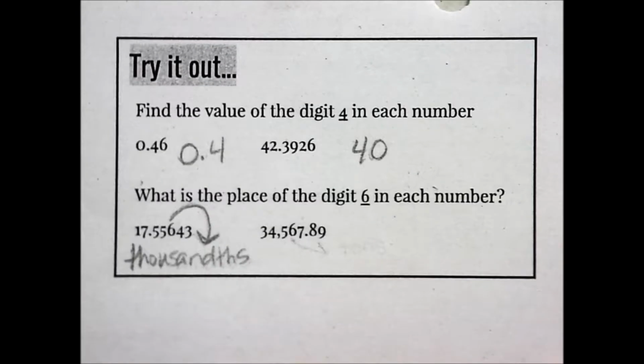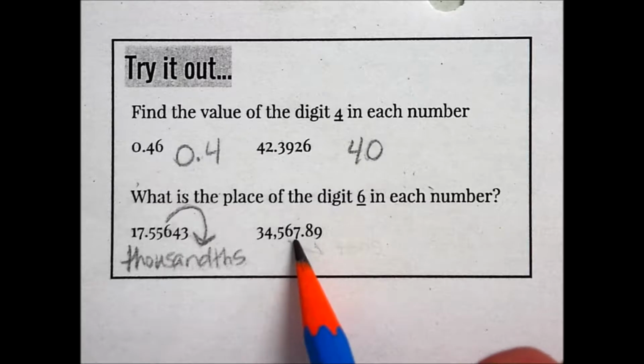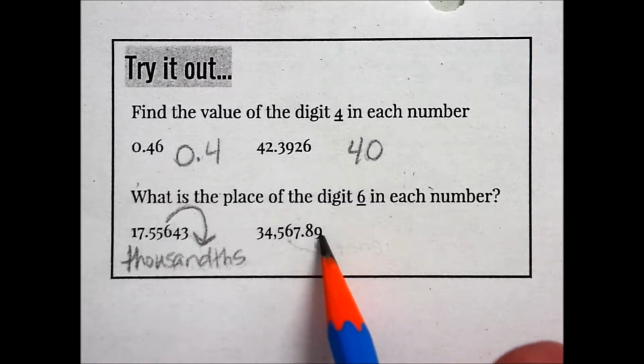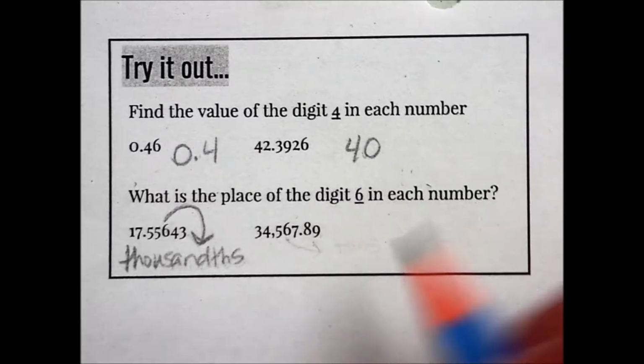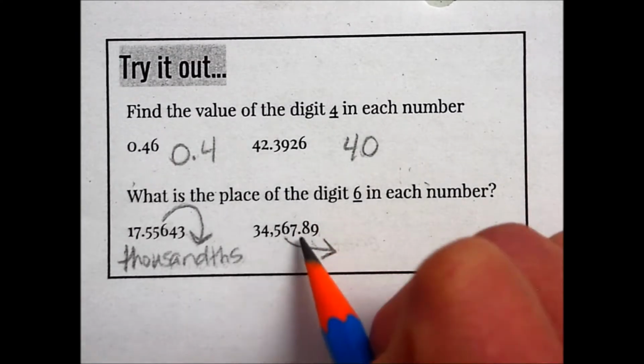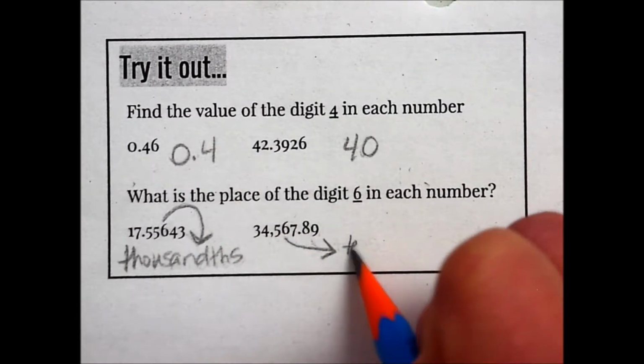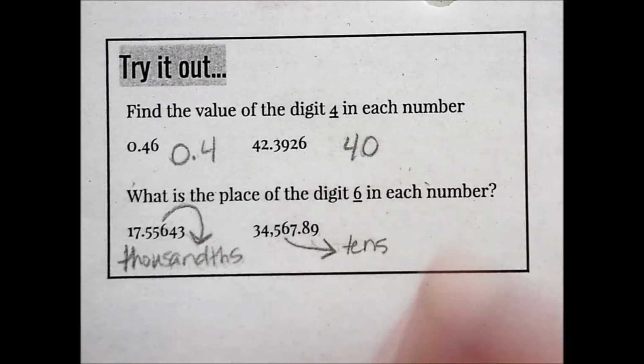And for this last one, let's just take a look at the number, 34,567 and 89 hundredths. So in this case, the 6 is 2 places away from the decimal, ones, tens. So all we have to write is tens.